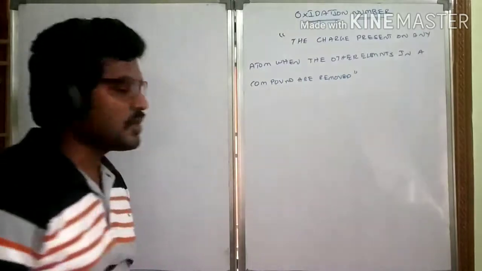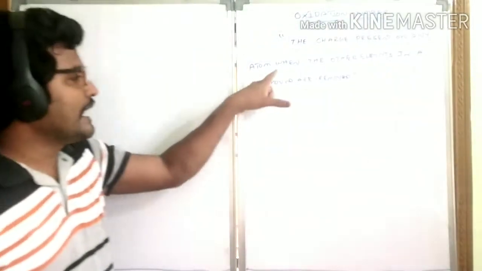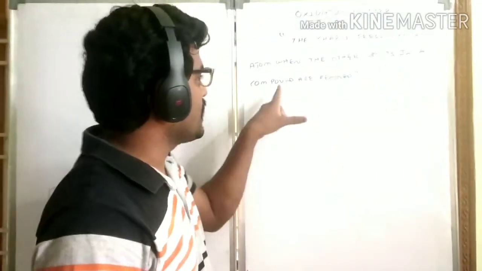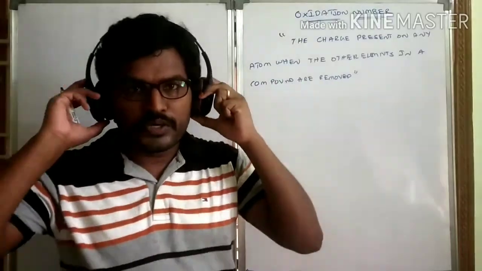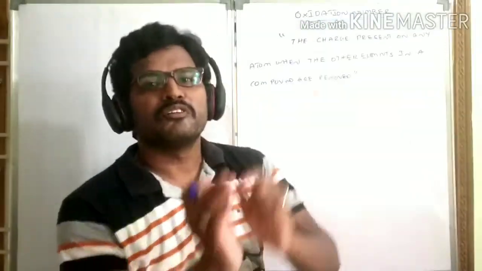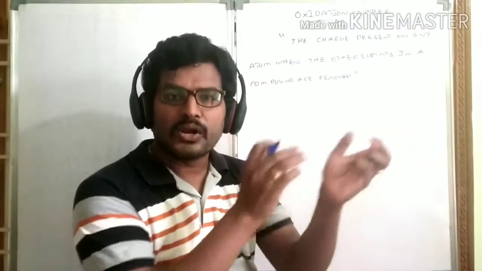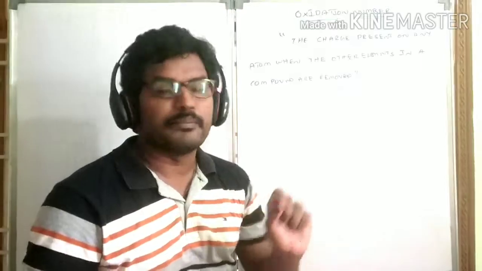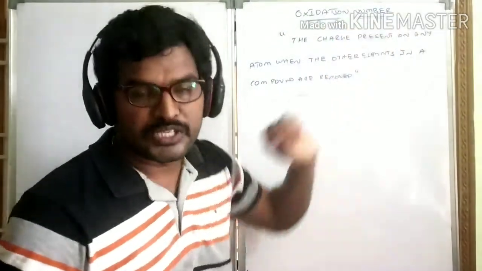So see, the charge present on any atom when the other elements in a compound are removed is known as the oxidation number. Or simply speaking, the number of electrons lost by the atom or the number of electrons gained by the atom during formation of a compound is called the oxidation number.